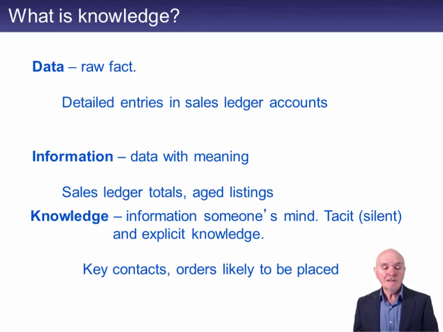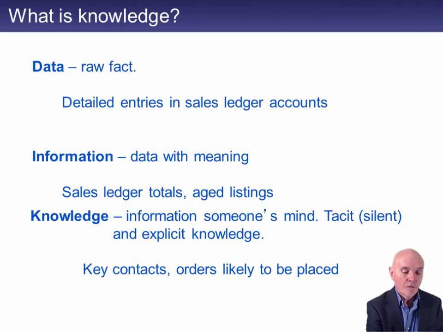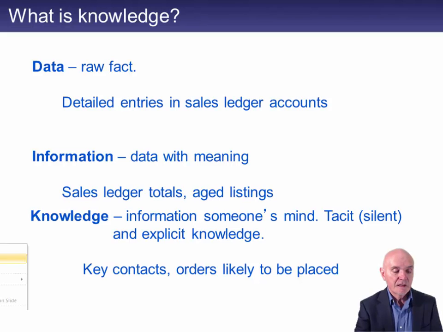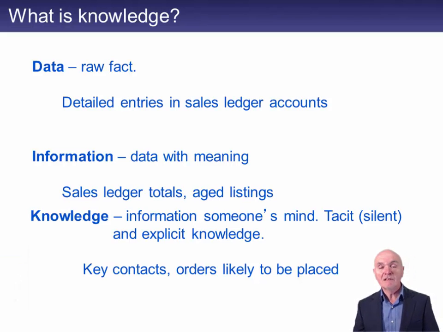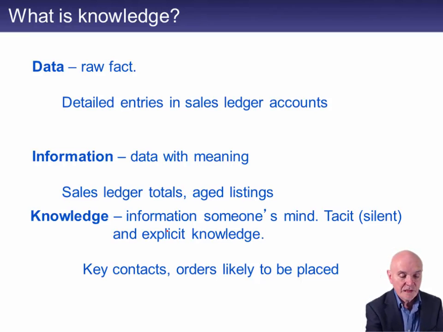The two important terms here. First of all, there is explicit knowledge. You can think of explicit knowledge as basically knowledge that we know we have. Usually this explicit knowledge is written down.